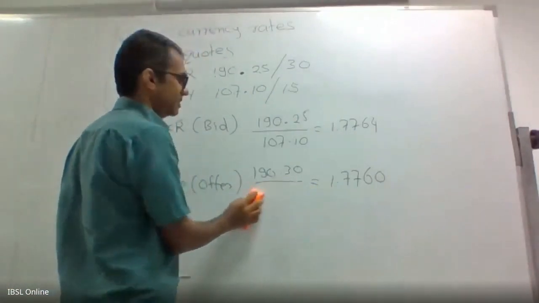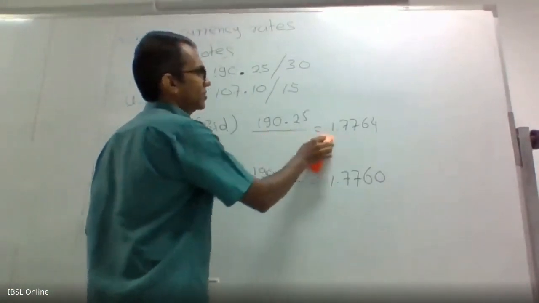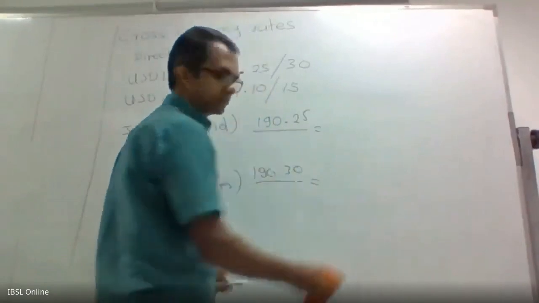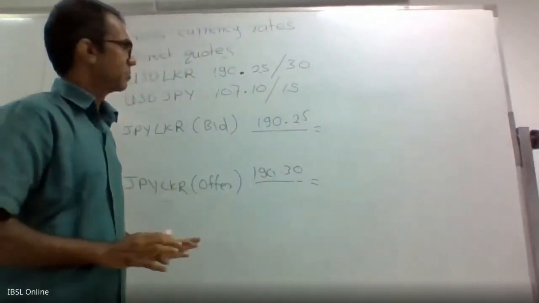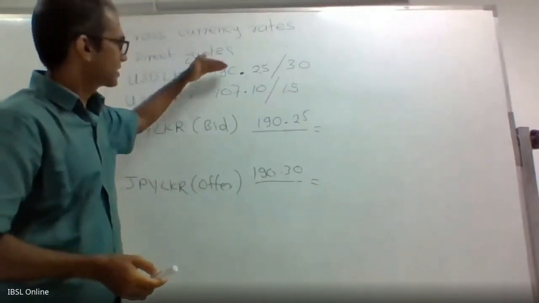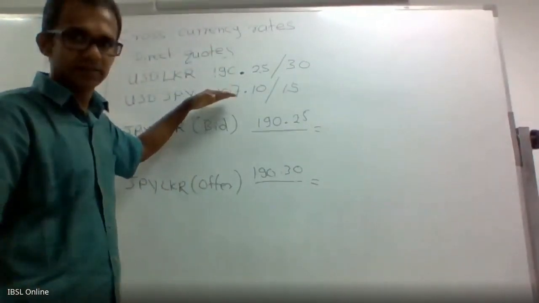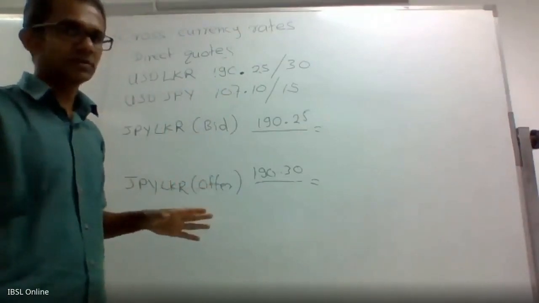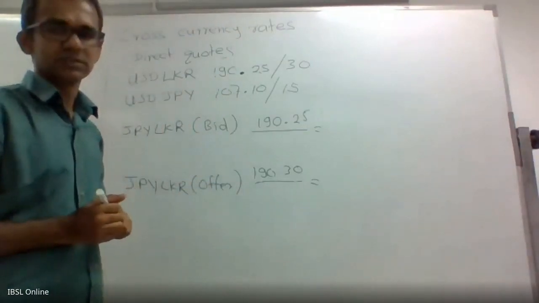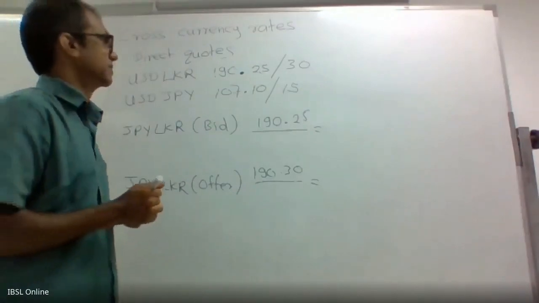But the correct way is, we call it cross division. The previous rule is still applied: weaker currency rate divided by the stronger currency rate, but when we have two-way quotes, we have to cross it. Use cross division. What does it mean?